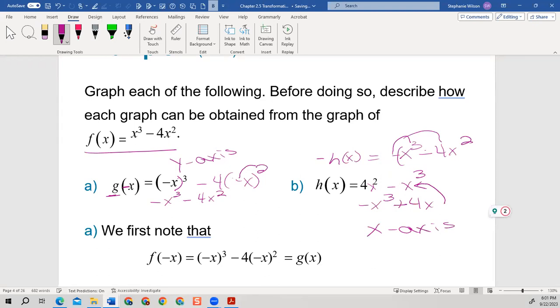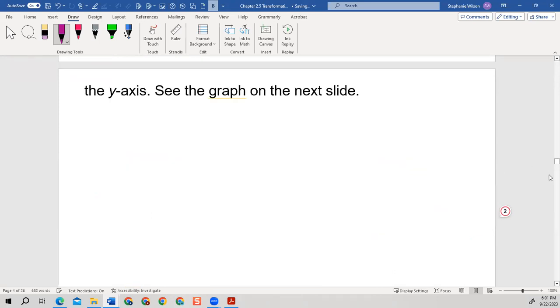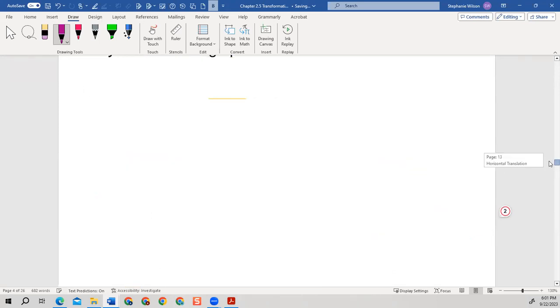All right, so this would have been y equals negative f of x. This one would have been y equals f of negative x. Okay. Make sure you didn't skip.